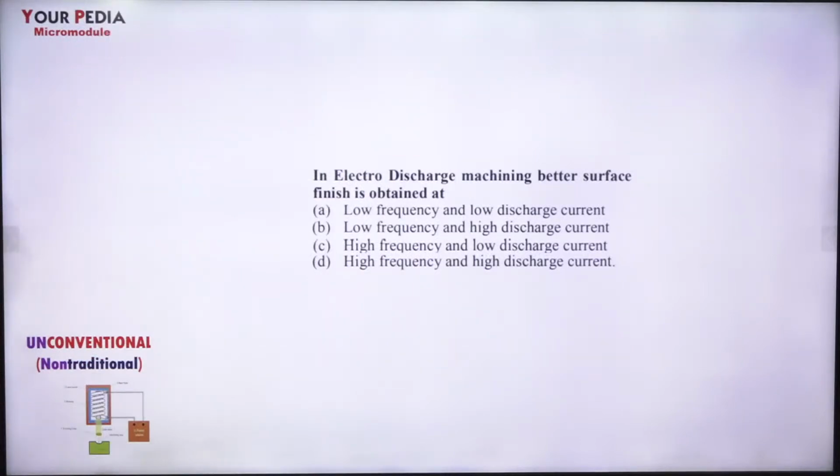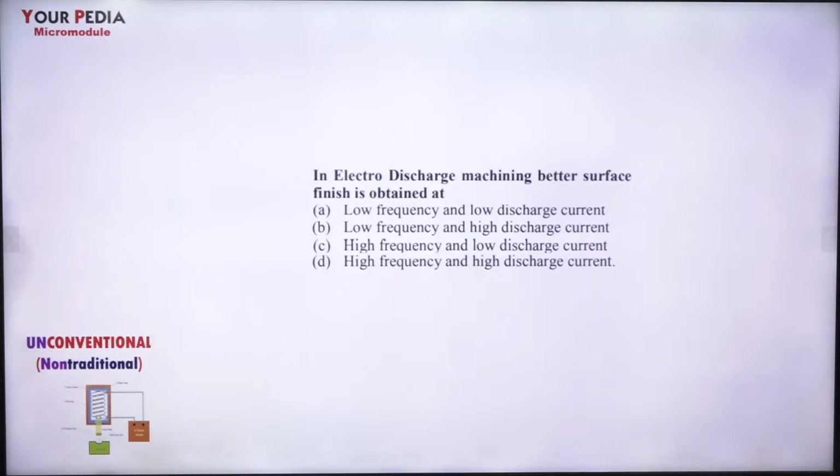In electric discharge machining, better surface finish is obtained at what? Can you answer this question?